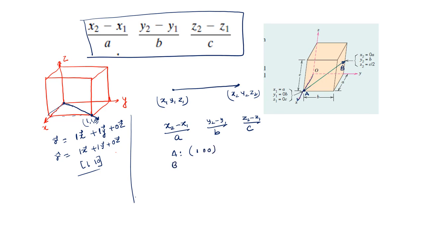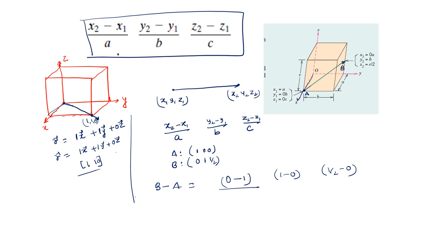For the B coordinate, in x you do not need to go, in y you go by 1, and in z you go by half. So we have to do nothing but B minus A. It will be 0 minus 1 in the first case, then 1 minus 0, then half minus 0, divided by this unit a.